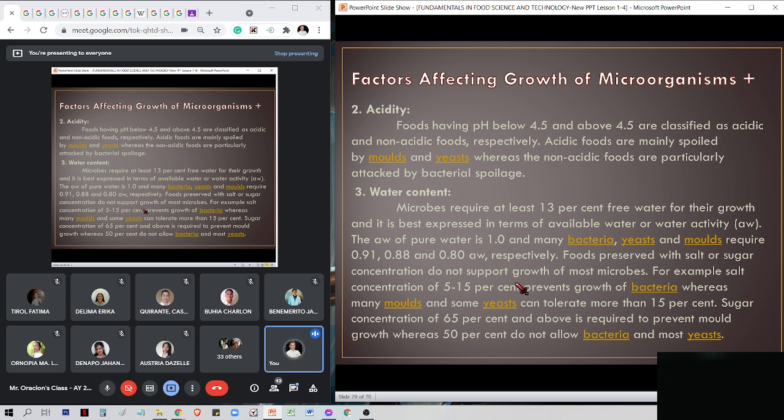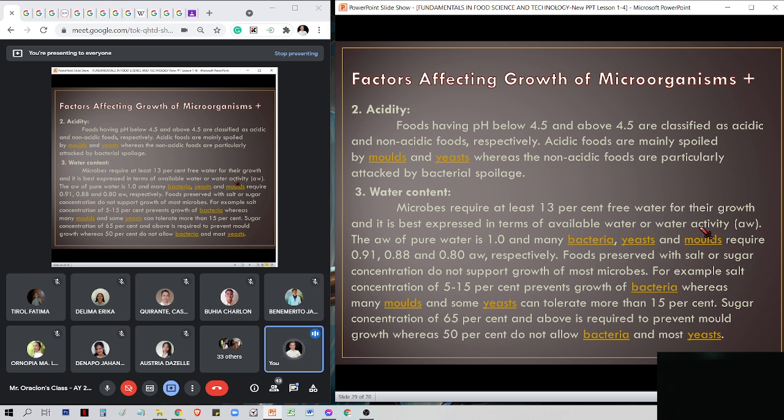Microbes require at least 13% free water for their growth, and it is best expressed in terms of available water or water activity. When you are talking about water activity, this is the presence of water.